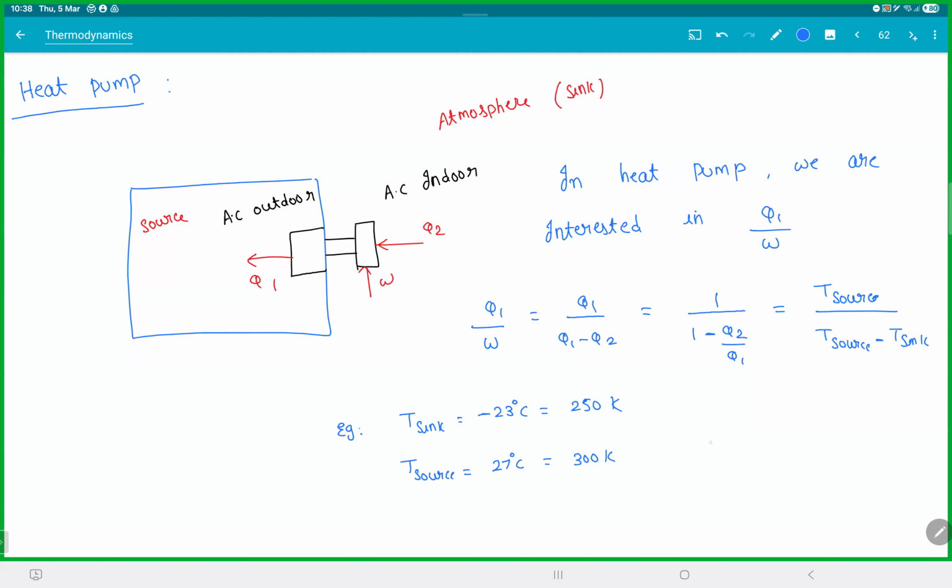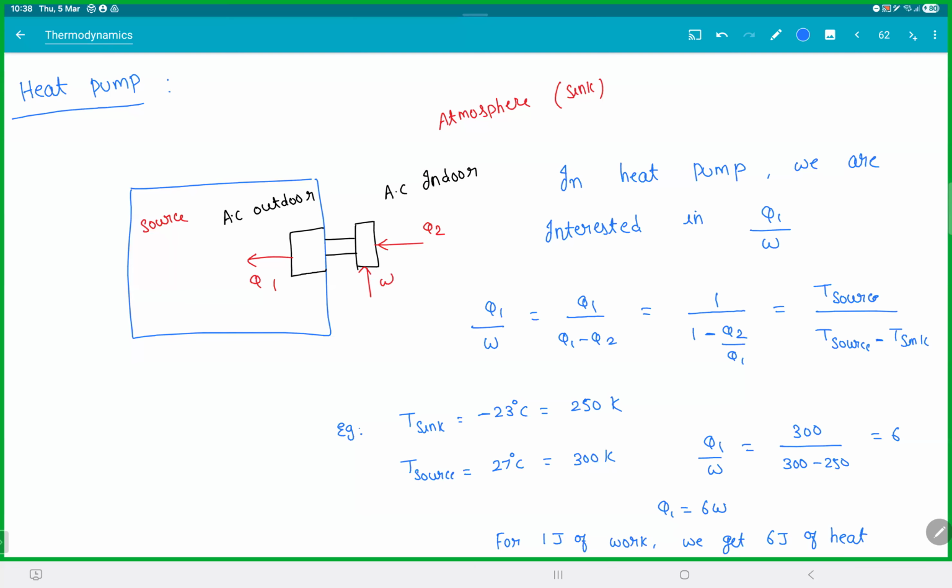So if I use this formula, Q1 by W, you'll end up with 300 by 300 minus 250. This is 6. Understand the meaning of this? Q1 is 6W. That means for every 1 joule of electricity, we get 6 joules of heat. 600% efficiency.